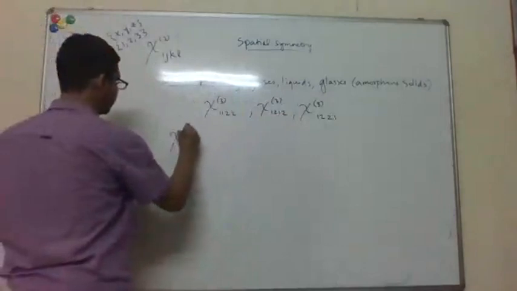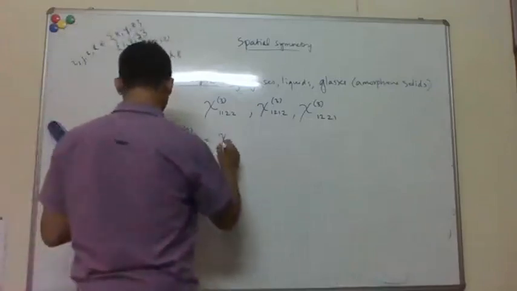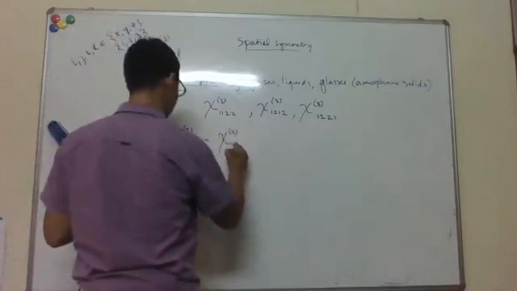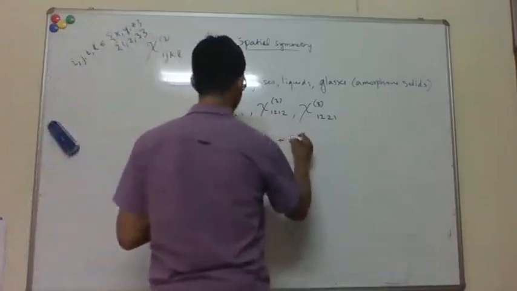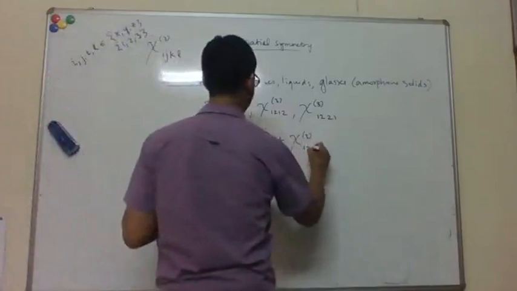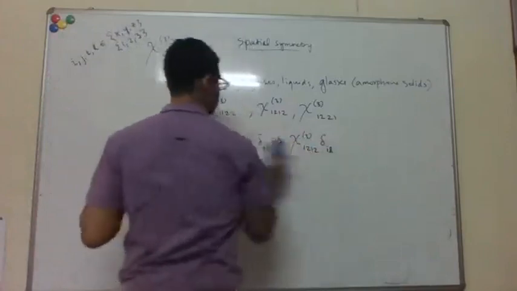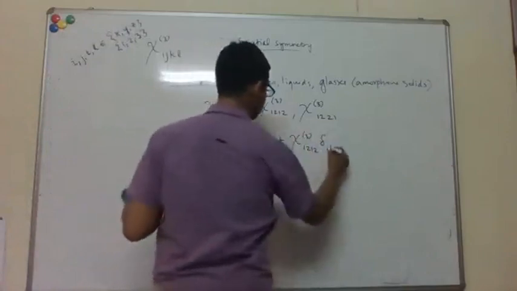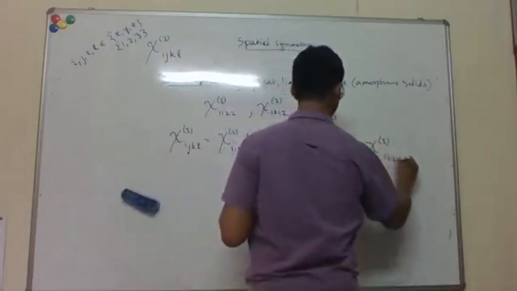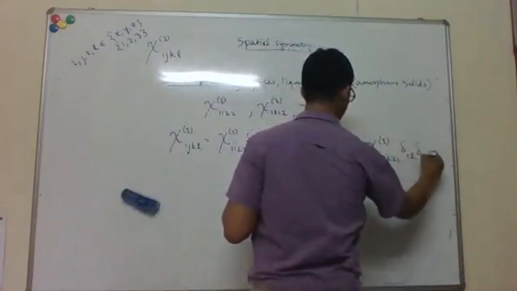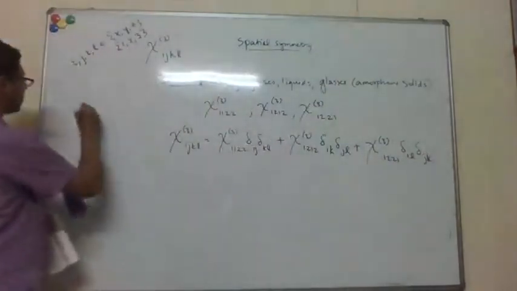So in general, I can write any tensor element in terms of these 3 parameters, where these deltas are the Kronecker delta function.